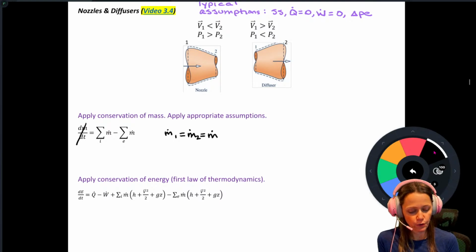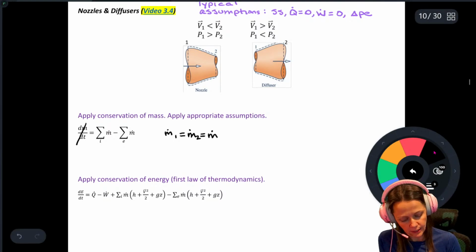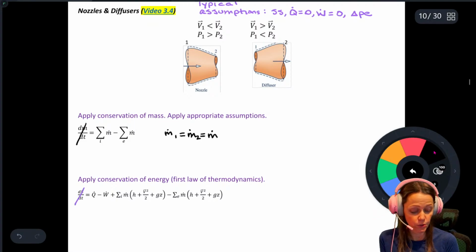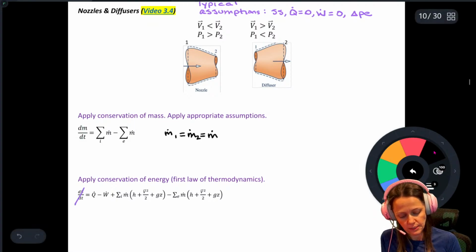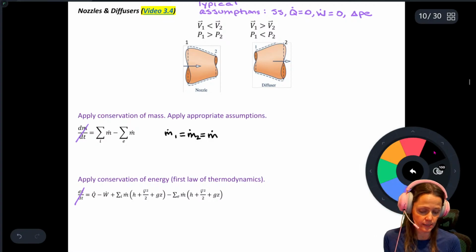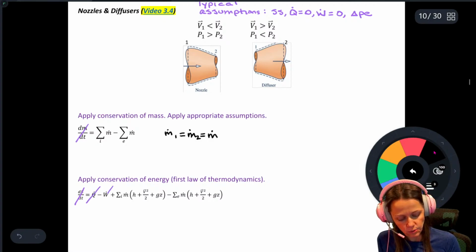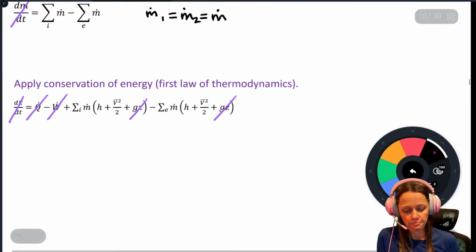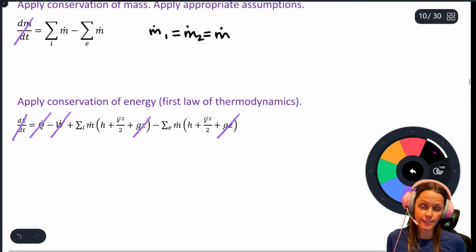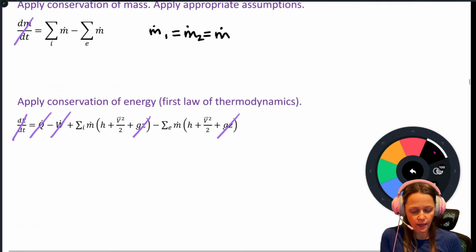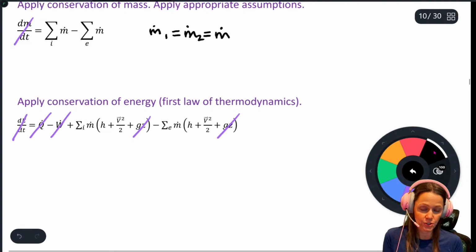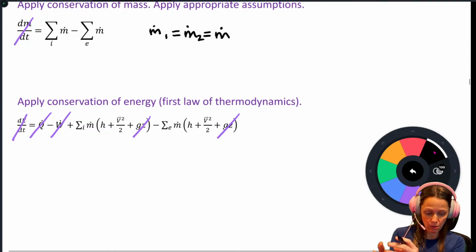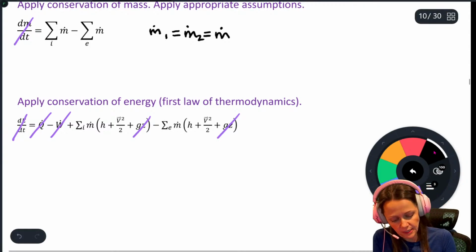All right, so for our conservation of energy, dE dt is equal to 0 because it's steady state. Q dot is equal to 0 unless otherwise specified, and changes in potential energy are equal to 0. Because the mass flow rate is the same at the inlet and outlet, the m dot is going to cancel out.